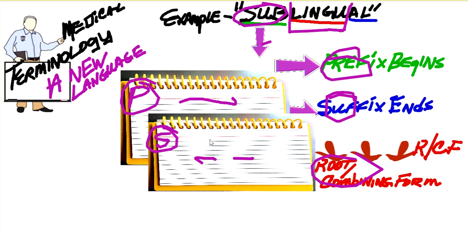And index cards, it's a dinosaur way of doing it. But you know what, guys? It works. And that's what I encourage you to do. As you go through the different body systems and as you learn, whether it's the digestive, or integumentary, or lymphatic, any of the systems, this method's going to work for you. So get you a stack of cards, get you a couple different stacks of cards, and create some prefixes, create some suffixes.